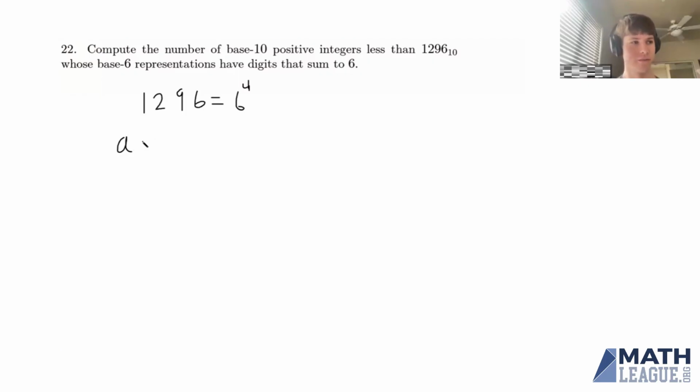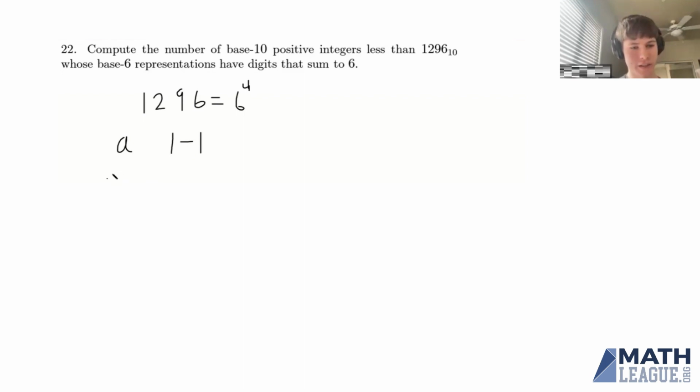But in base 6, you can't have the number 6 as a digit since you can only have the digits from 0 to 5. So we wouldn't have any cases for a number with just one digit. For the counting though, I'm just going to write this as 1 minus 1, and it might be a little bit more clear why I'm writing 1 minus 1 for these next few numbers.